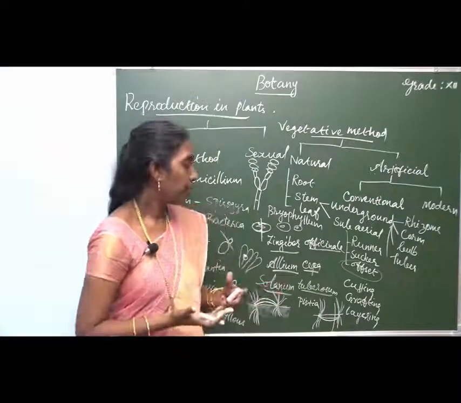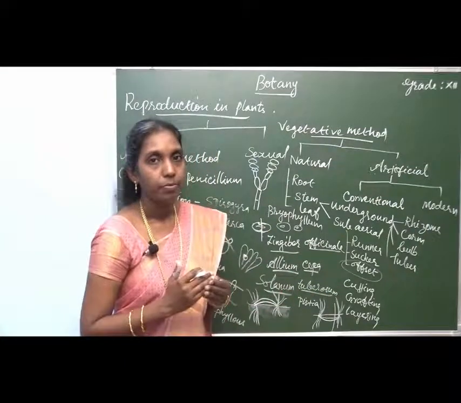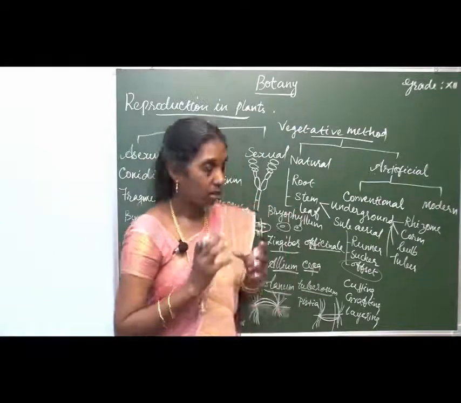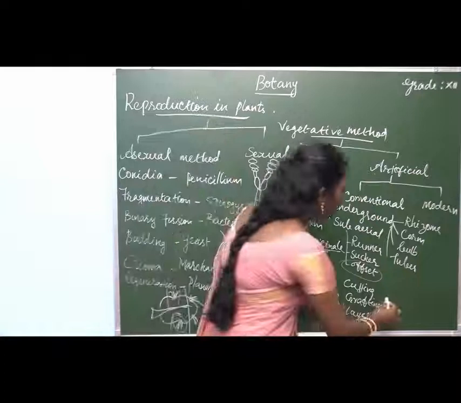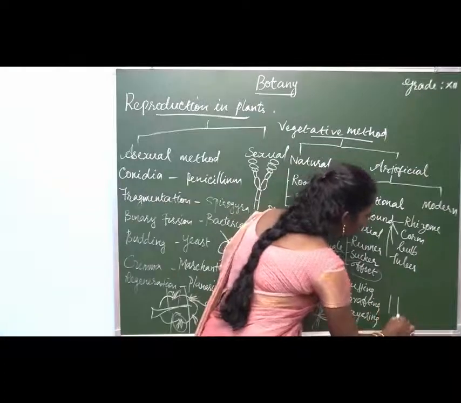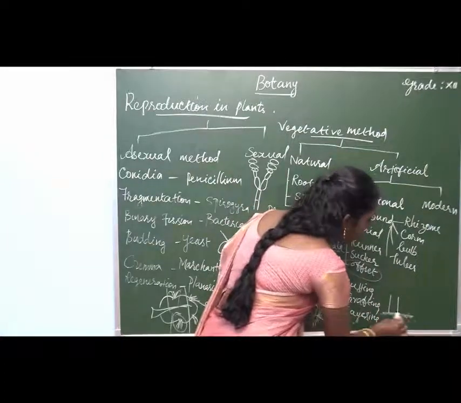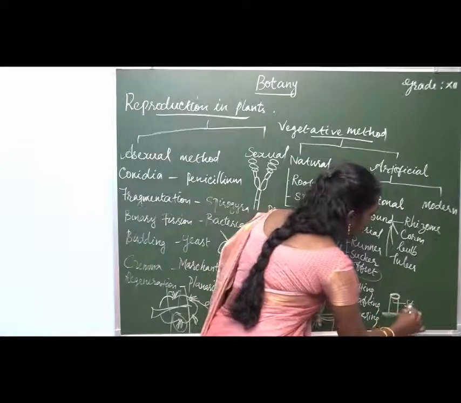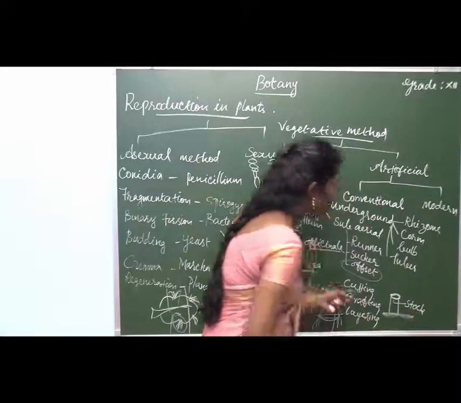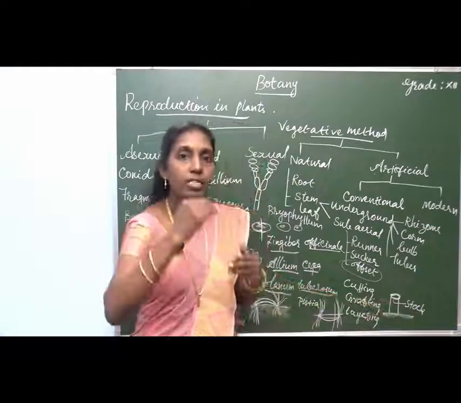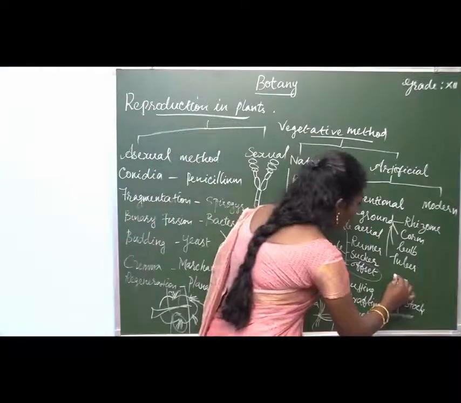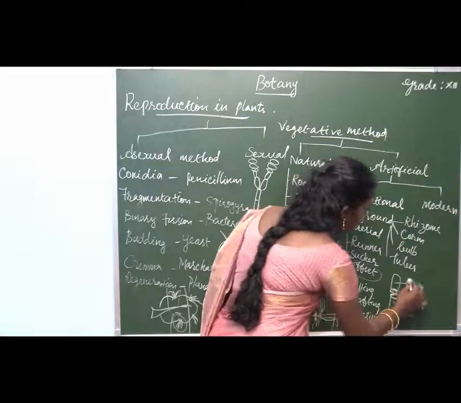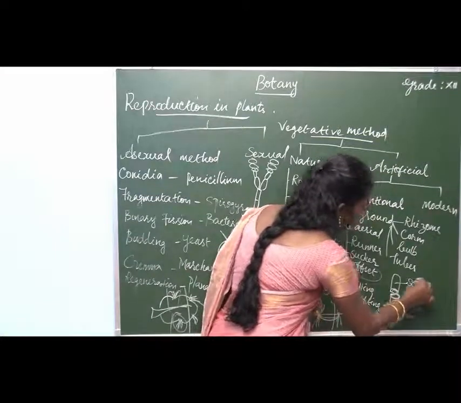Then grafting. There are certain plants that are grafted. In grafting, two different species are needed. The plant part which is attached to the ground is called the stock. And the other plant part which is going to be grafted onto it is called the scion.